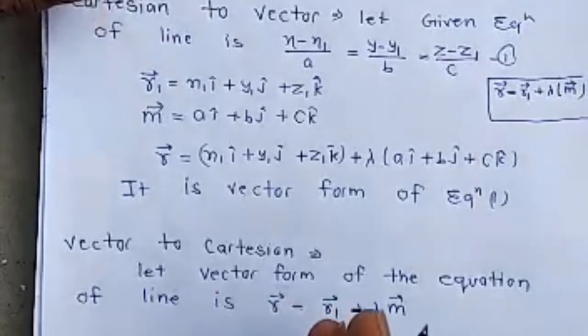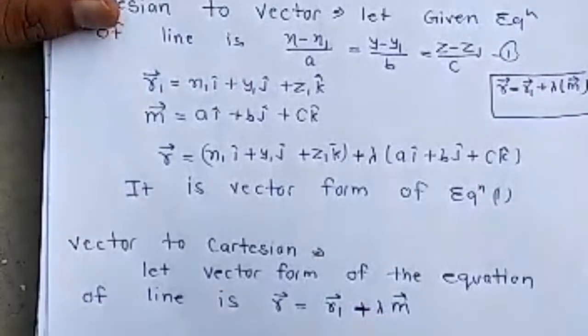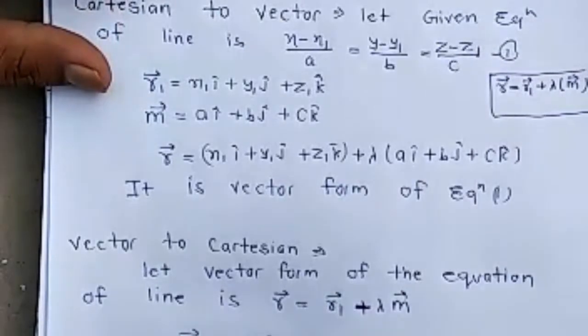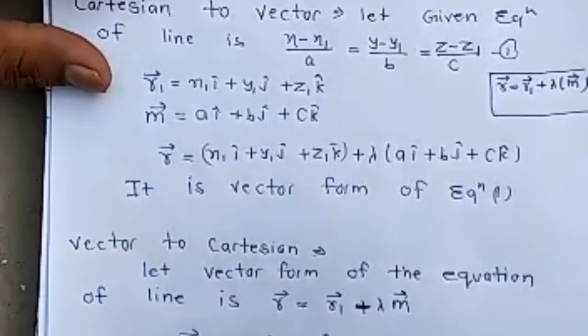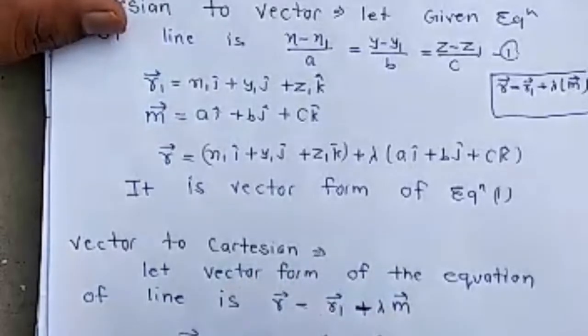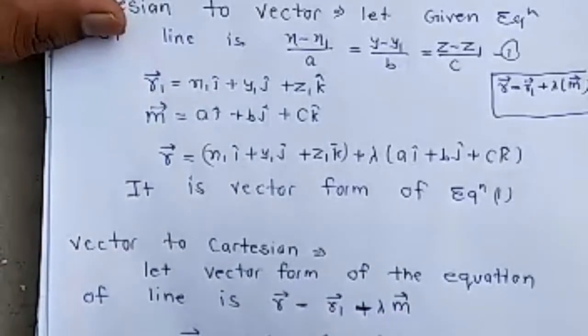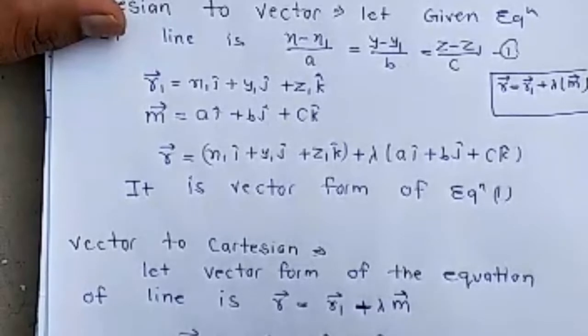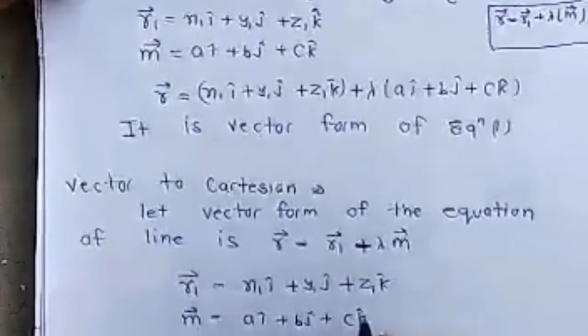Let the fixed point be x1, y1, z1. Then r1 vector is x1i plus y1j plus z1k, and m vector is a vector which is parallel to the given line. Means if the direction ratio of m vector is a, b, c, then m vector is ai plus bj plus ck cap.